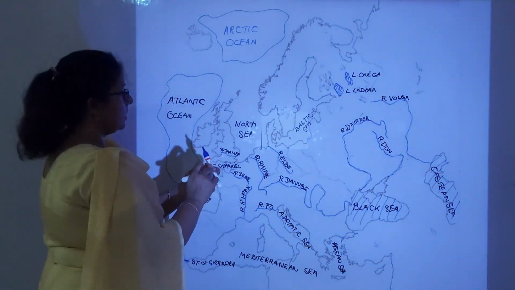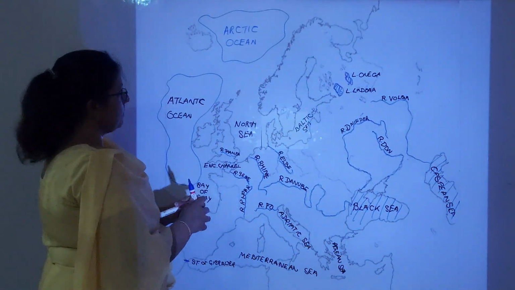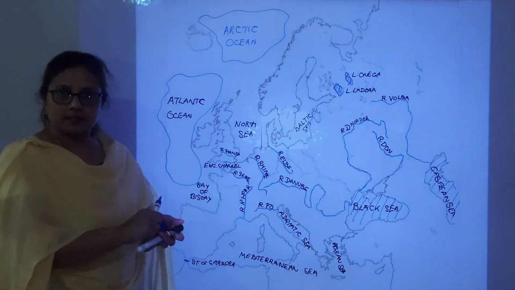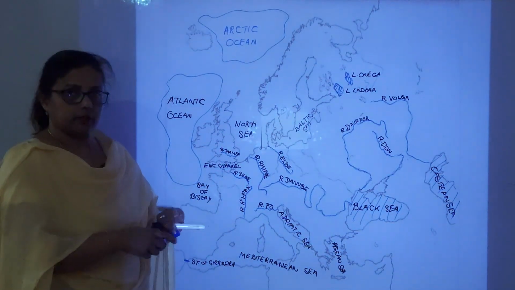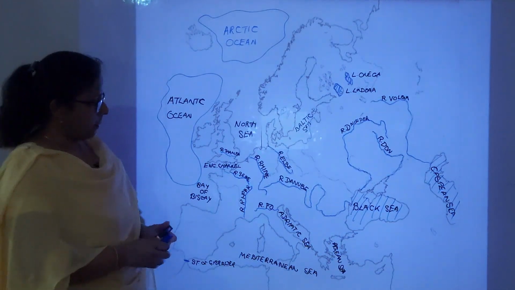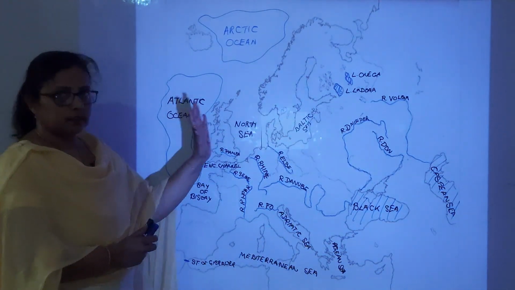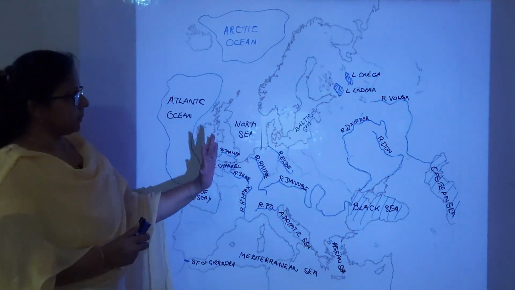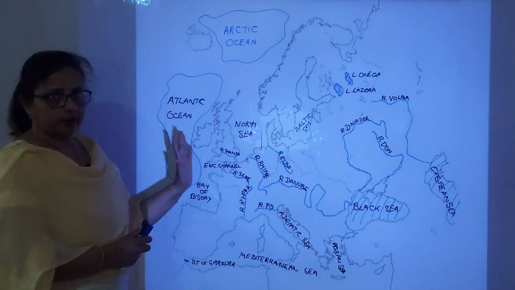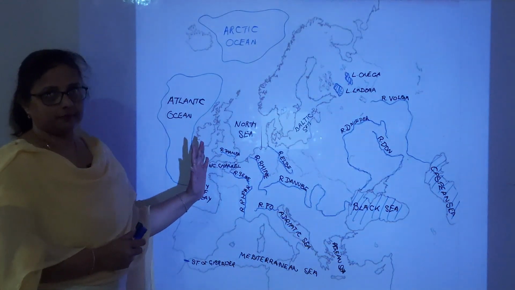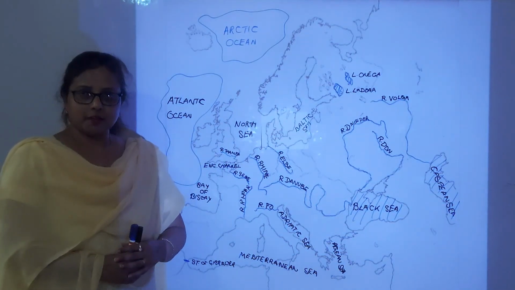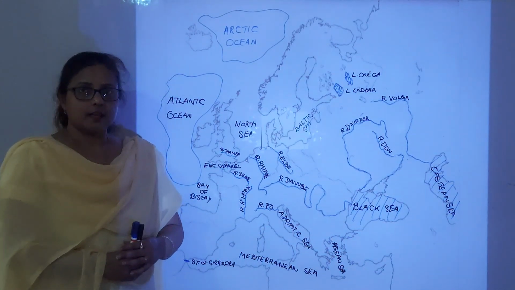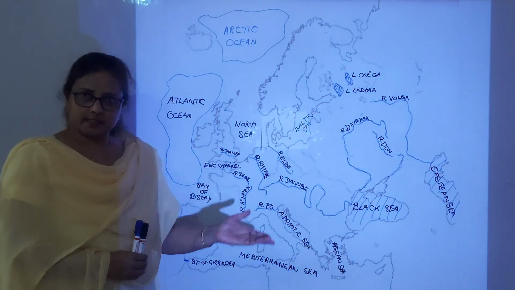So these are the most important water bodies and rivers of Europe. I hope I have made myself clear and you will be able to remember as I have tried to make it easy for you. You can pause the video and mark this in your map. So now let us move to the next section.